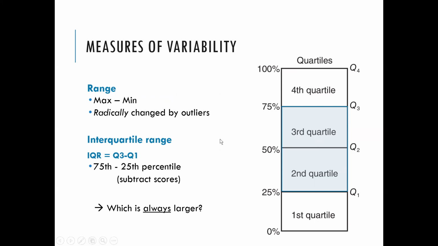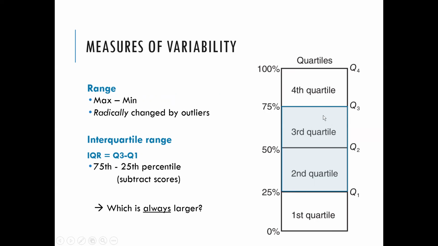Another measure is the interquartile range. The quartile is just when we've divided all of our observations into four even groups. So we have our first quartile at the bottom, second, third, and fourth quartile at the top. And the interquartile range is just the difference between the 75th percentile and the 25th percentile.